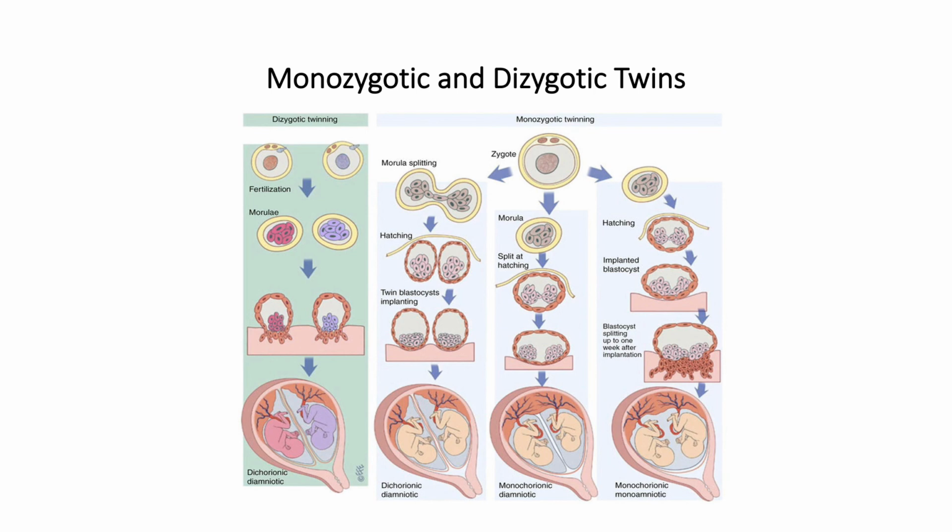The only thing that's relevant for our discussion here is monozygotic versus dizygotic twins. It's just really interesting the way that monozygotic twinning happens, and how the point of cell division at which the split occurs determines how they're going to present in the uterus during gestation.